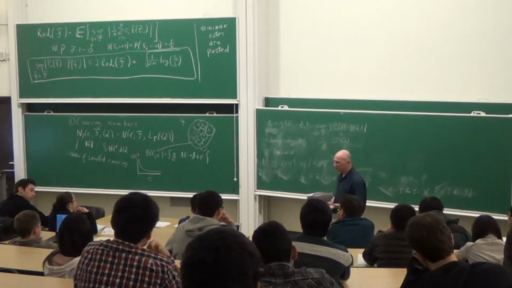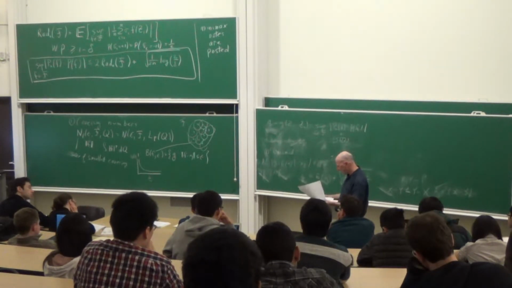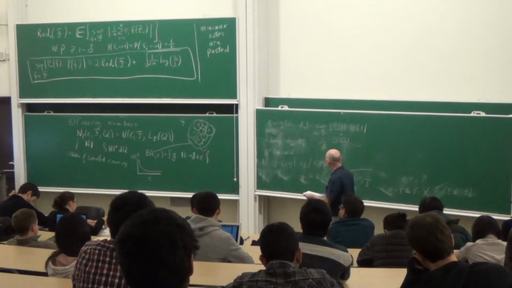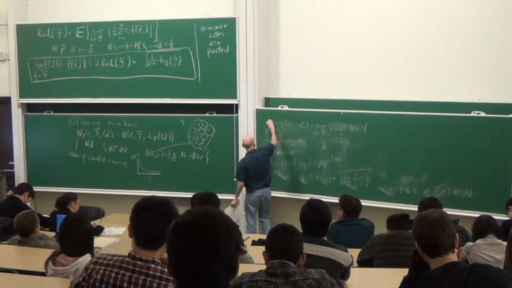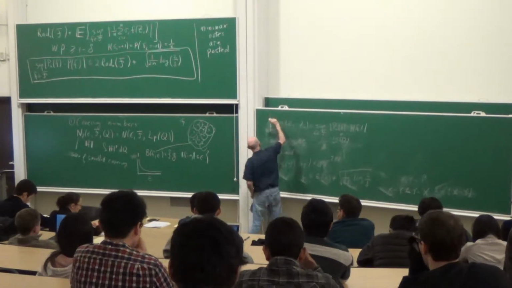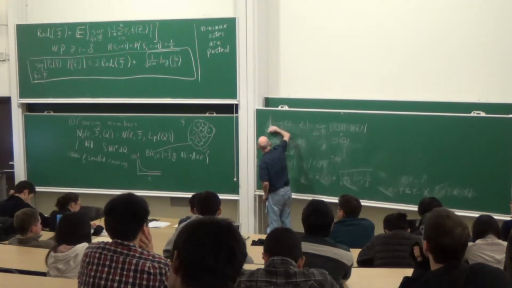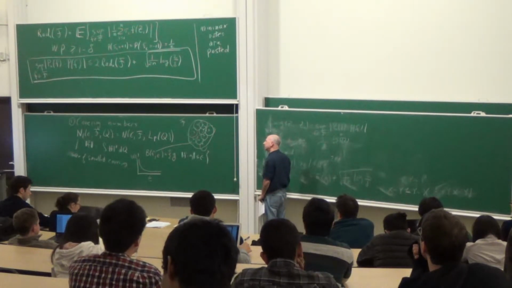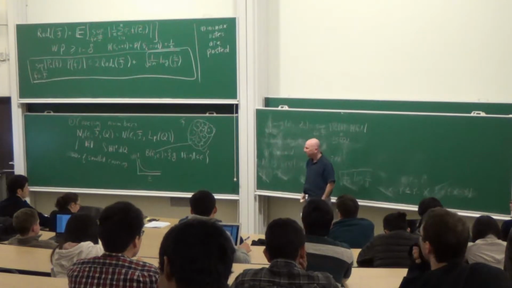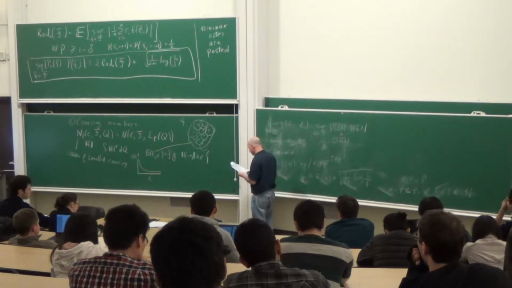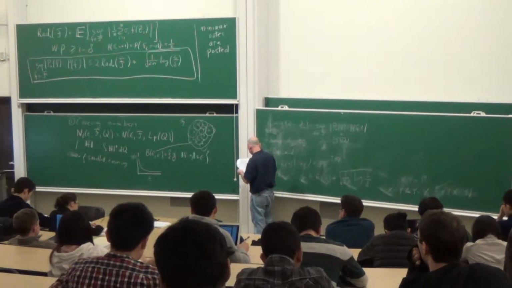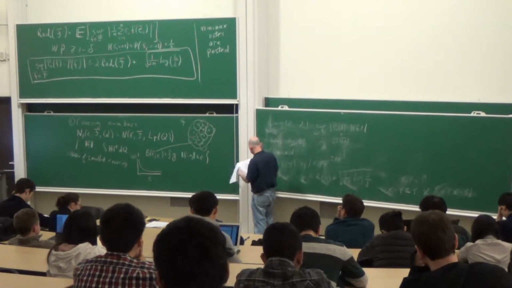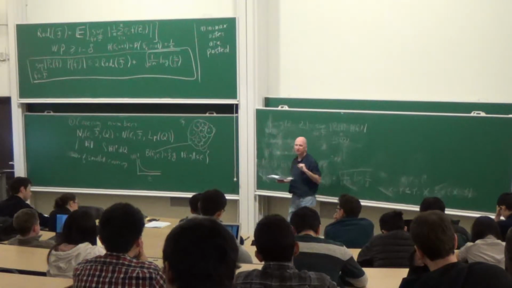All the common function spaces, people have worked out the covering numbers. Actually, I meant to write them down, but I don't think I did. I was going to make a list of common function spaces in there.